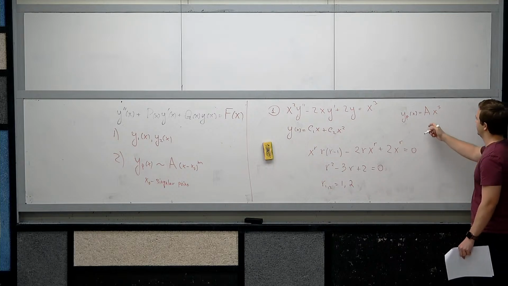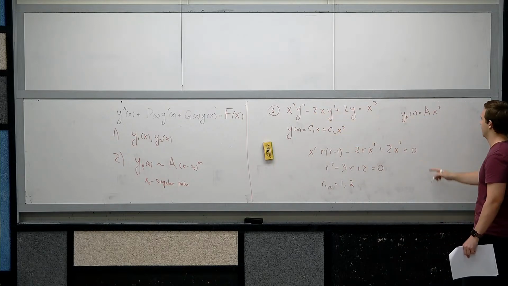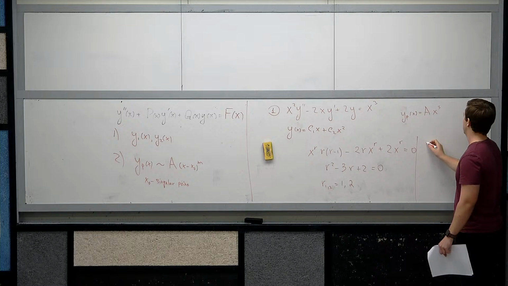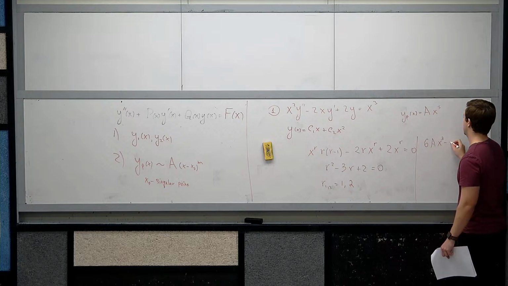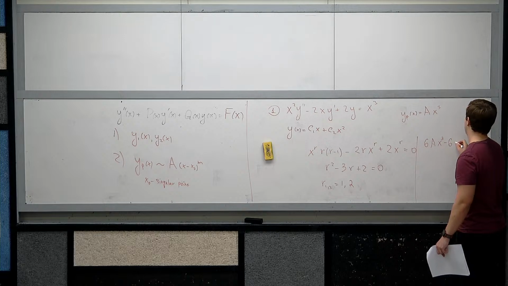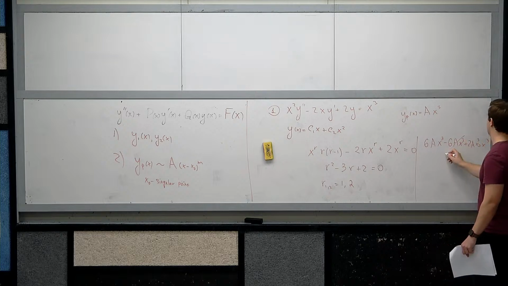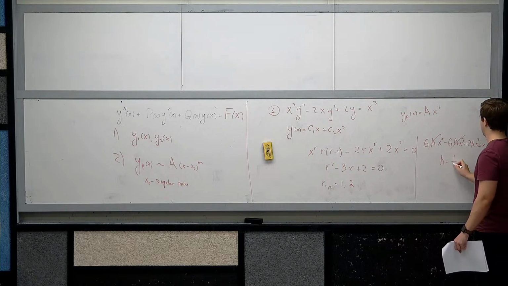If we plug this into the equation, we can find what A is. We get 6a x cubed minus 6a x cubed plus 2a x cubed, so this and this cancel away, and a is 1.